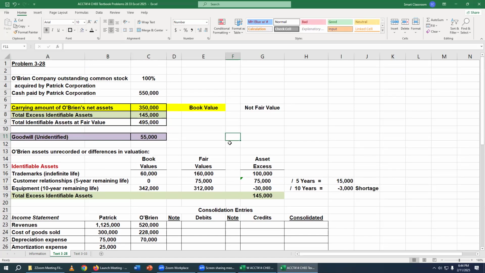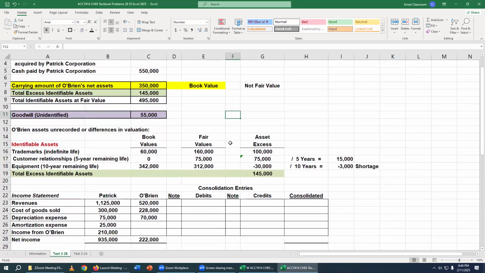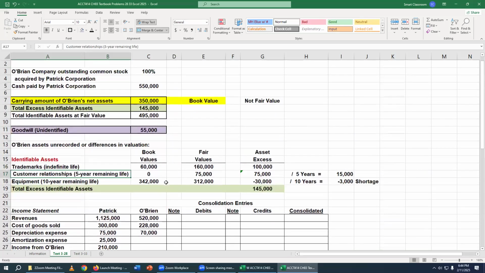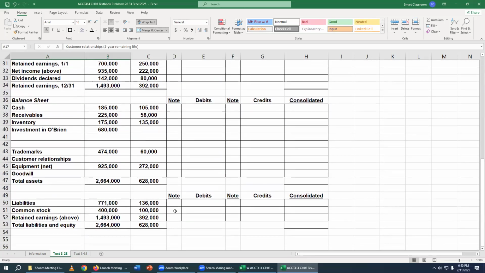Okay, well, let's go ahead and see how this would look. This is one of those things that I'll wait until we get to. So let's go ahead and go through. Let's do the stock first. They don't have any paid in excess. Some states don't require it.